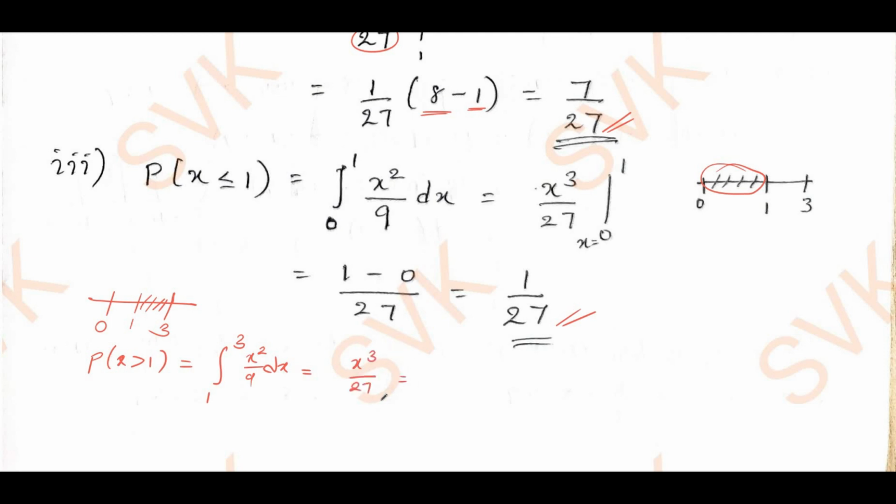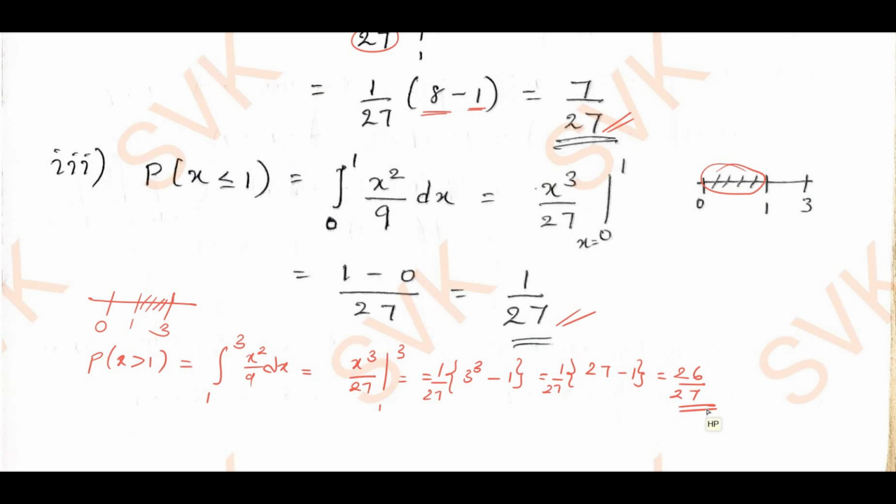Substituting the limit 1 to 3, 1 by 27 is common. The upper limit is 3 cube, minus 1 cube, which is 1. So 3 cube is 27. 1 over 27 times 27 minus 1, which is equal to 26 by 27, is the required answer.